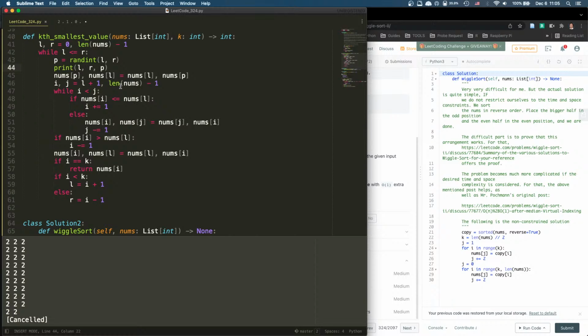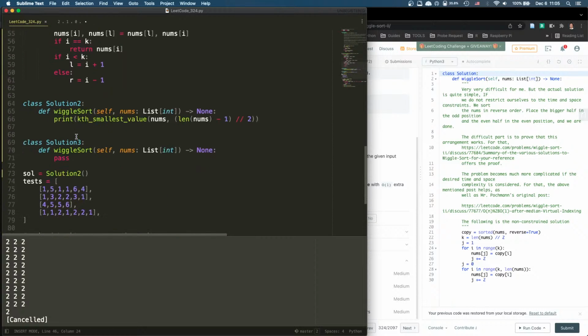J is, oh, this is not right. J shall be R. J is R, right? And this one will break. Nope, still have the same issue. Anyway, so it's 2, 2, 2. So this one will break, don't do anything.